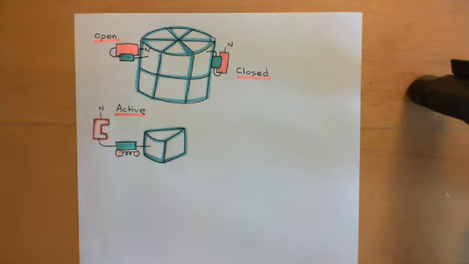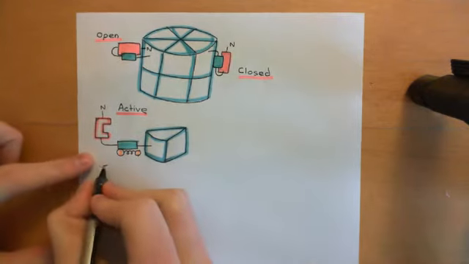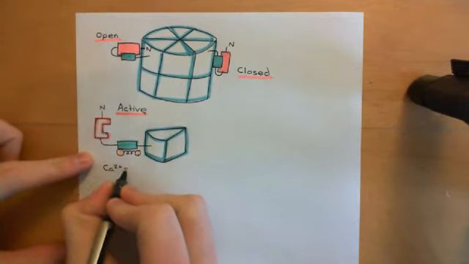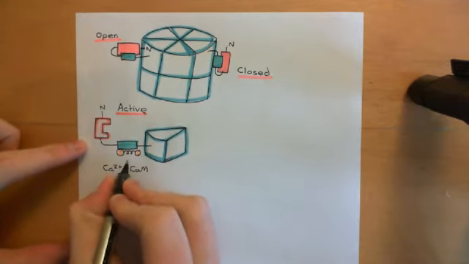Right, so basically when you generate a calcium signal in the cytoplasm of the cell, you will form calcium calmodulin complexes. I'll label this up as a calcium calmodulin complex here.